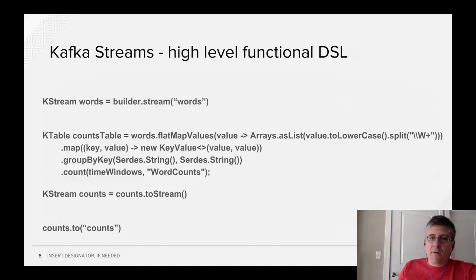It comes with its own high-level functional DSL. So essentially, it maps over a set of inbound and outbound topics, and it allows to describe transformations as data flow from a topic to another.